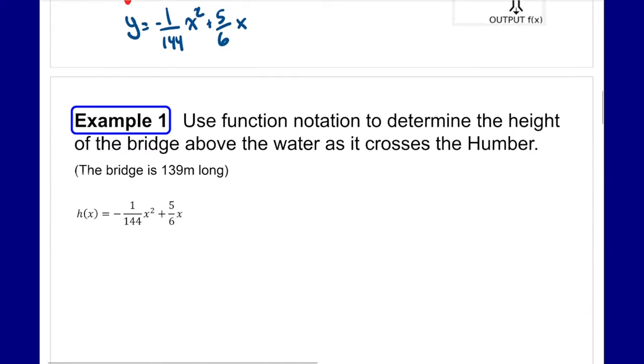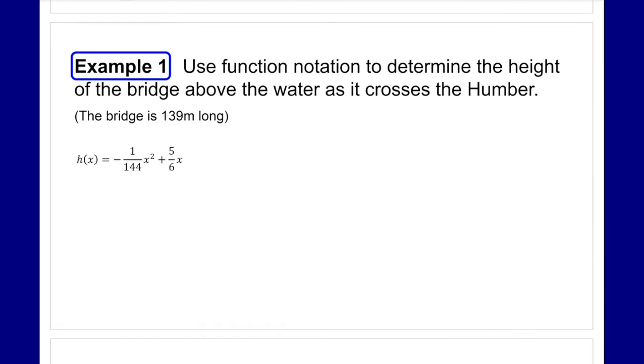So let's use this function notation to determine the height of the bridge above the water as it crosses the Humber. We know that the bridge is 139 meters long. So we're going to look at the height for different values. We're going to start at 0 meters. Basically, if we start at the beginning, we've crossed 0 meters.